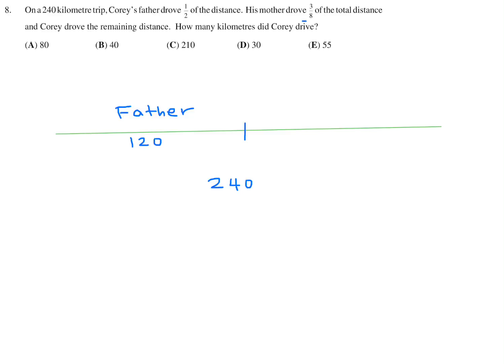And then the mom drove 3/8 of the total distance. So 3 over 8 times 240 is equal to, this looks like, 90. So the mom drove 90.